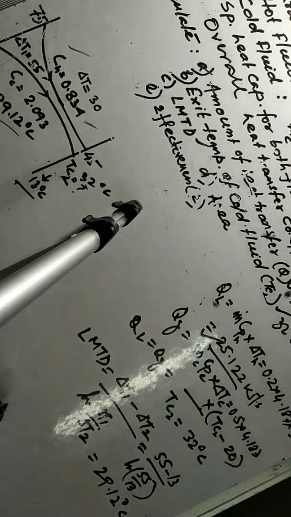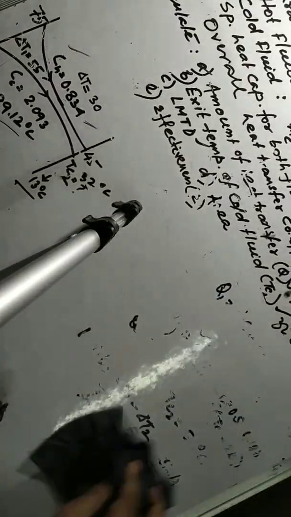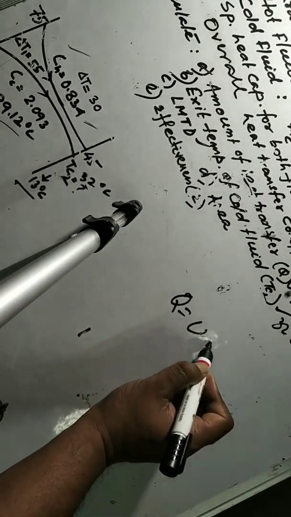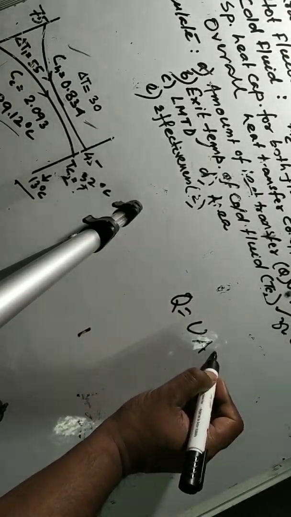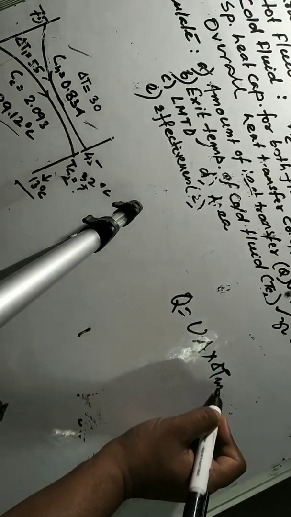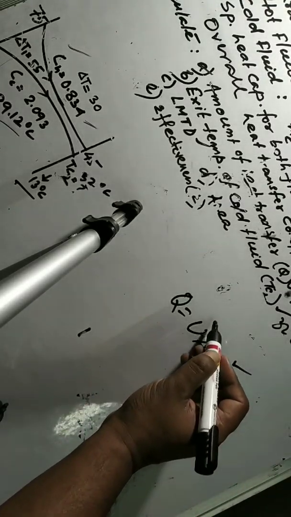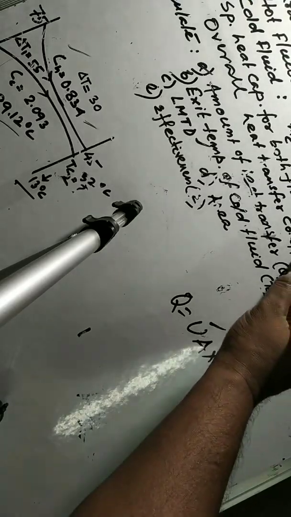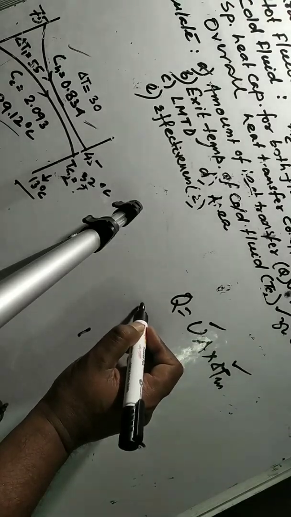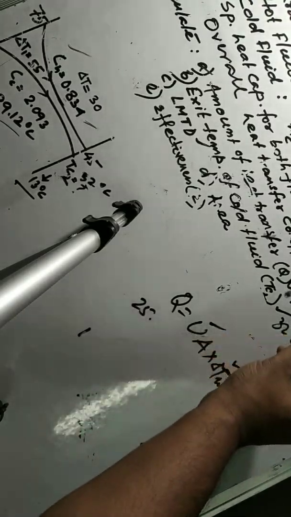Now the other things what you can calculate, you can also calculate area. For area, what is the formula? Heat Q equals overall heat transfer coefficient U into area into LMTD. So Q you have already calculated, 25.122.